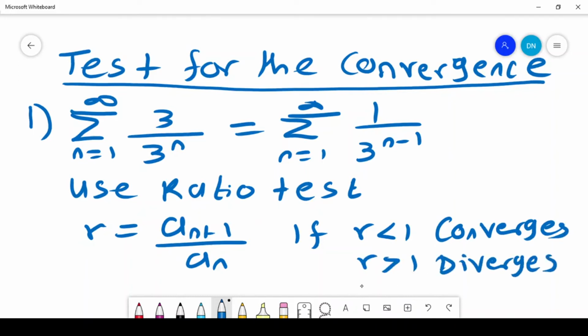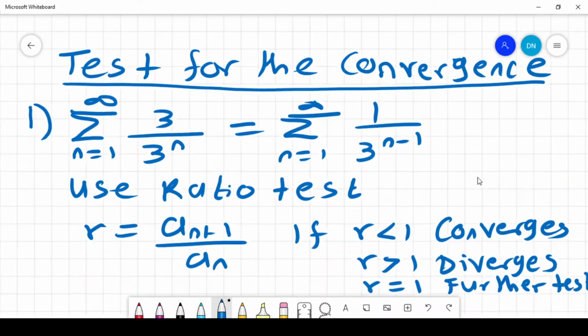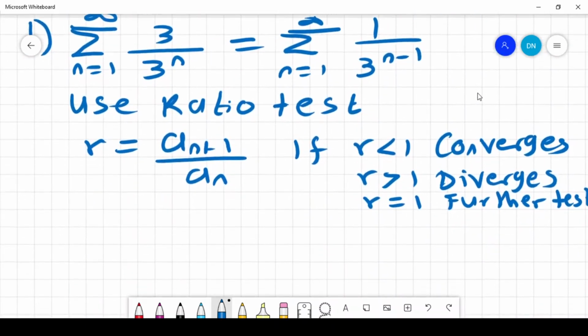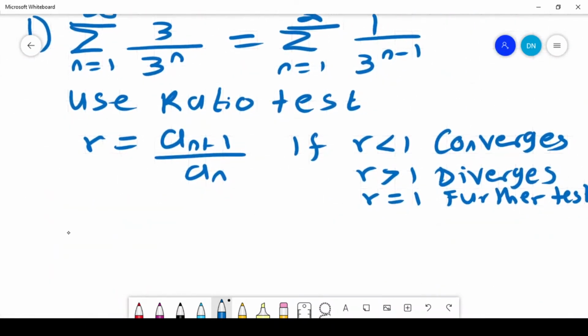If R is equal to 1, we need to test further. So based on that information, we want to single out our a(n).